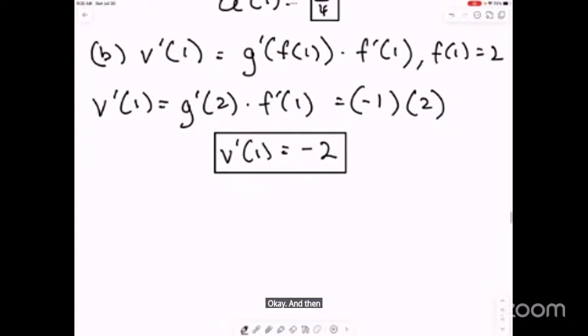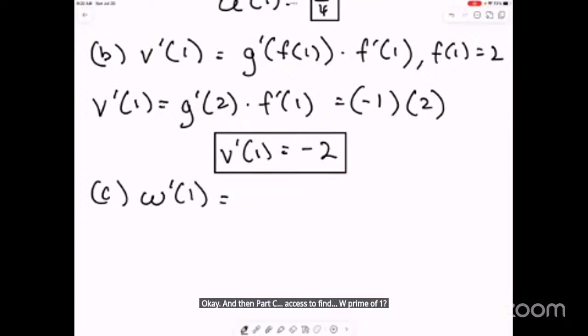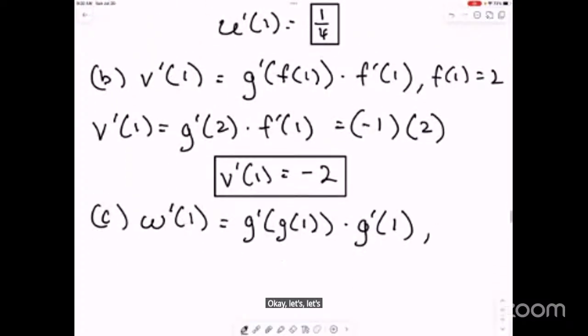And then part C asks us to find w prime of 1. So that's going to be g prime of g of 1 times g prime of 1. Okay, let's first find what is g of 1.